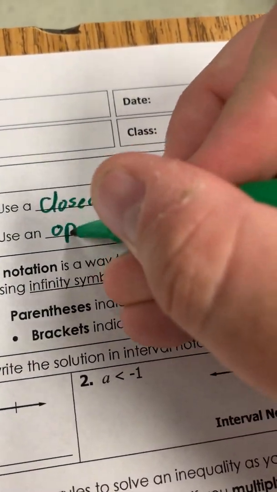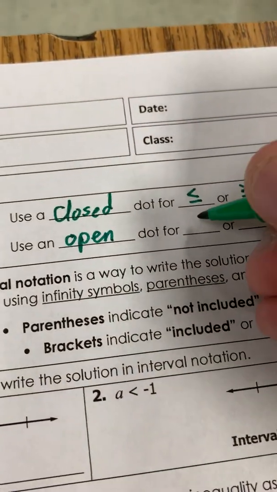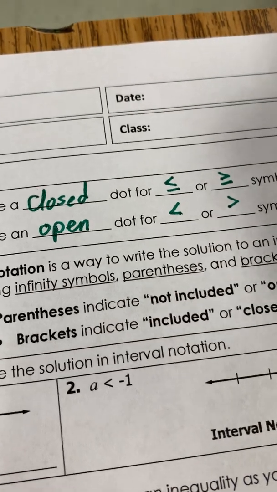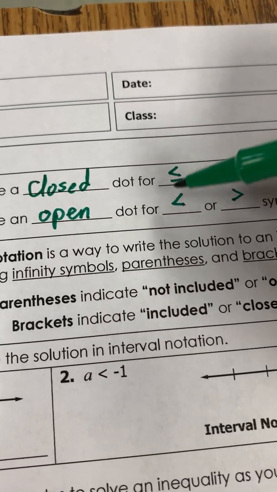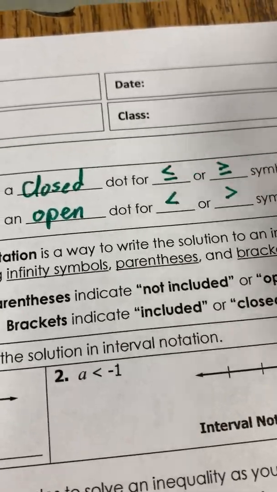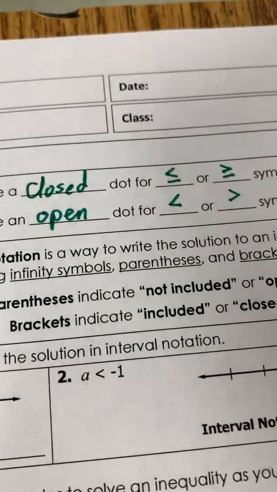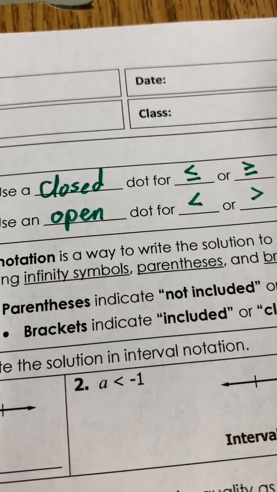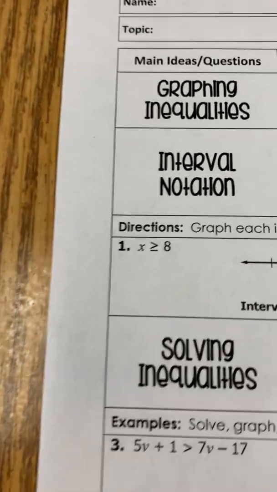We use an open circle, or open dot, excuse me, for less than or greater than. Okay, so all these problems are going to have one of these four, and that'll tell you what type of circle you use when you graph it. Okay, so you've probably seen that before.